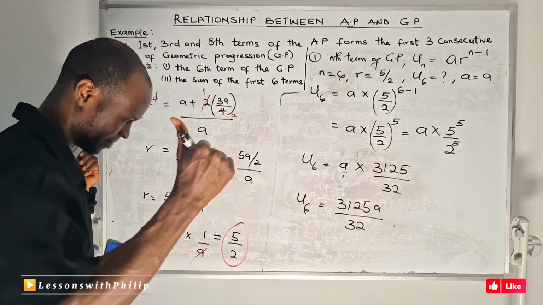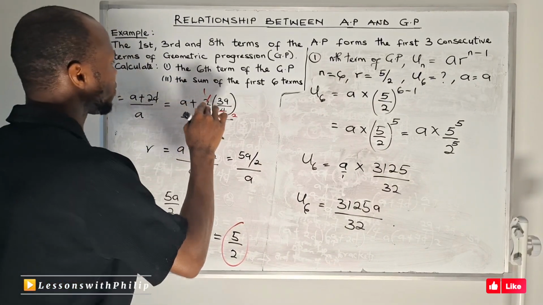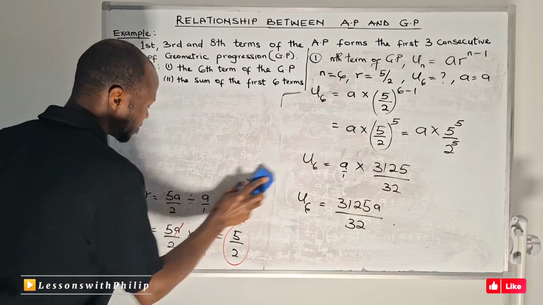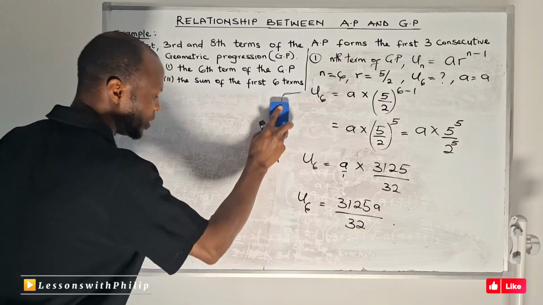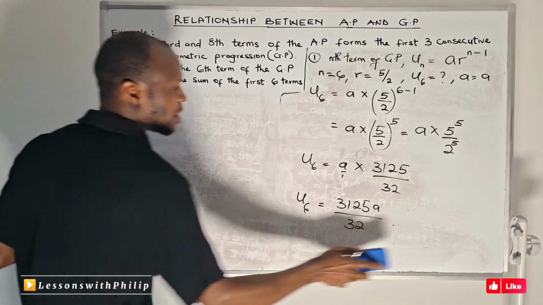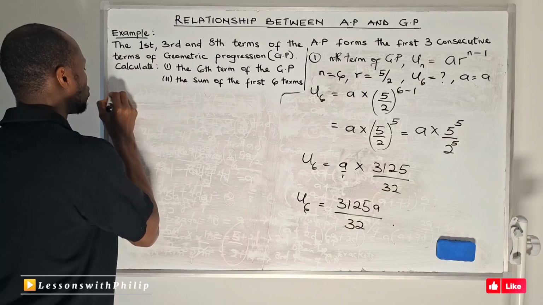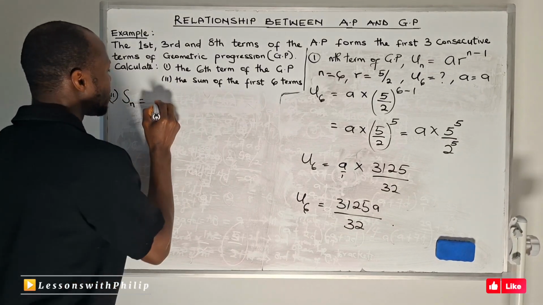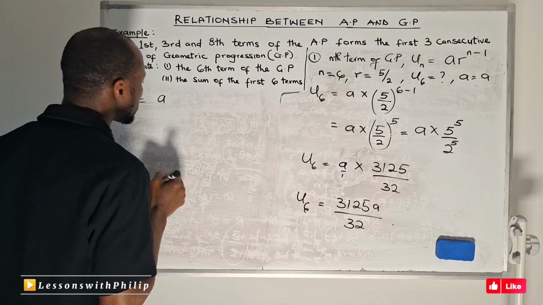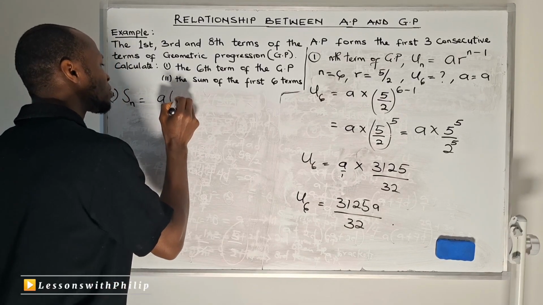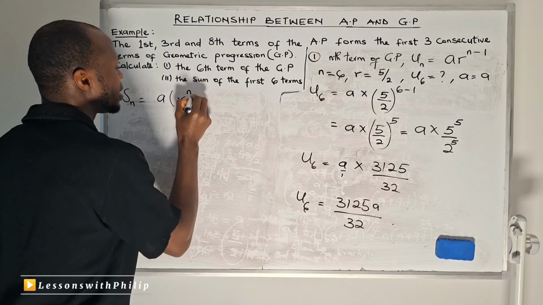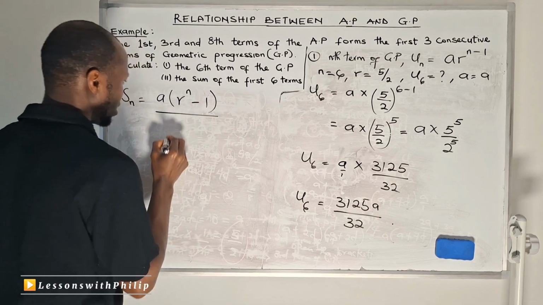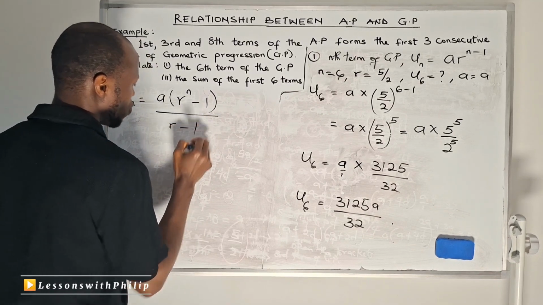Do you get it? Now, the second question says we should find the sum of the sixth term of the GP. Don't forget, number 2, the sum of a GP is given as a multiplied by r raised to power n minus 1, all divided by r minus 1.